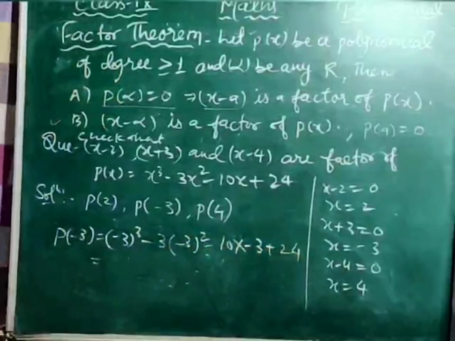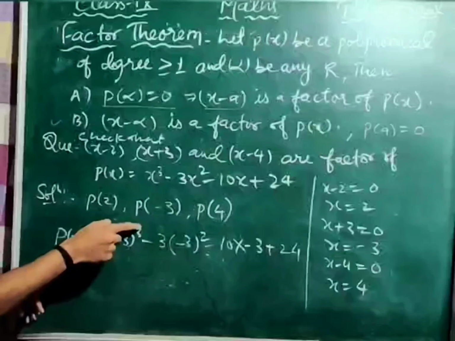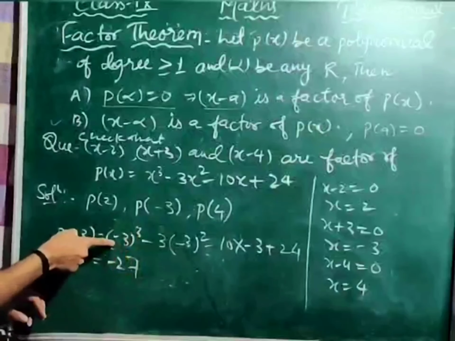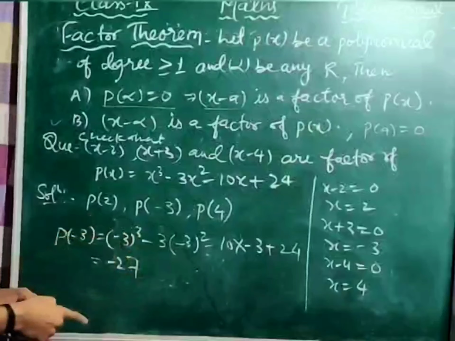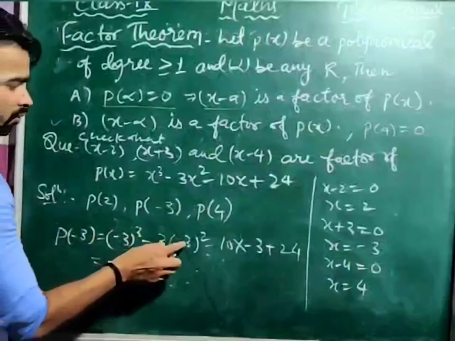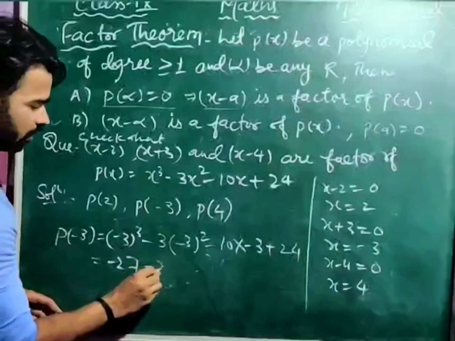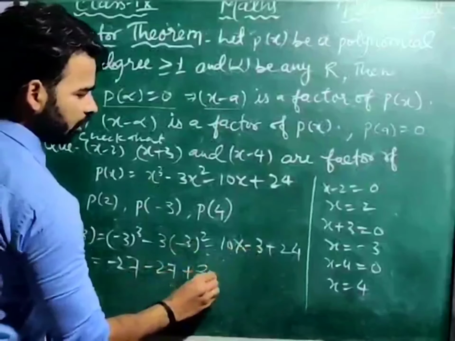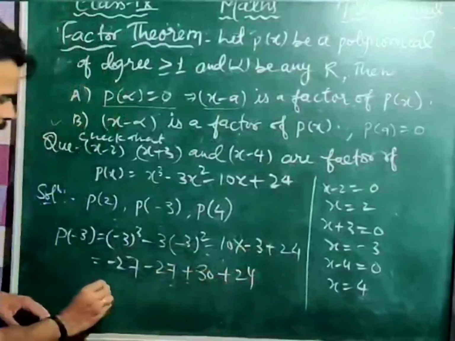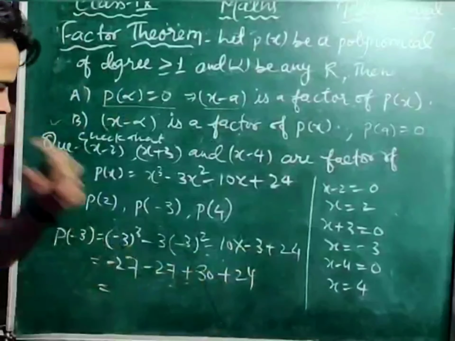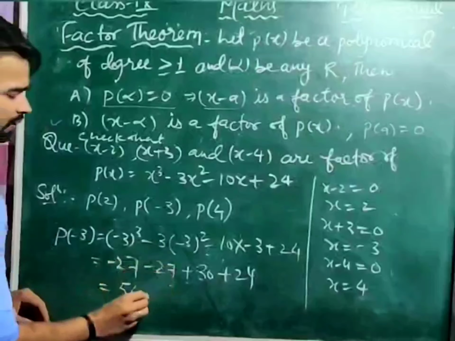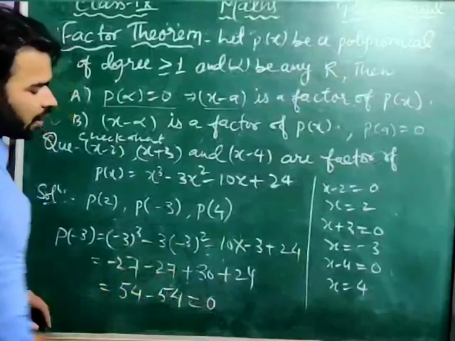Here I told you the condition: (-3) cube is -27, because the integer is negative and the power is odd. 3 square is 9, 3 nines are -27, plus 10 threes are 30, and plus 24. Now again BODMAS rule, 30 and 24 is 54, and 27 and 27 is 54. So again we are getting 0.